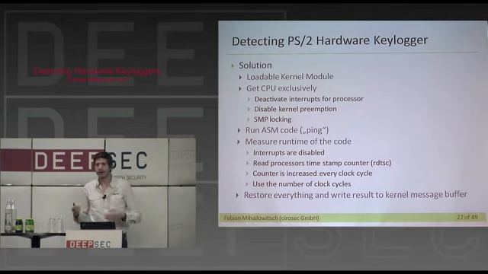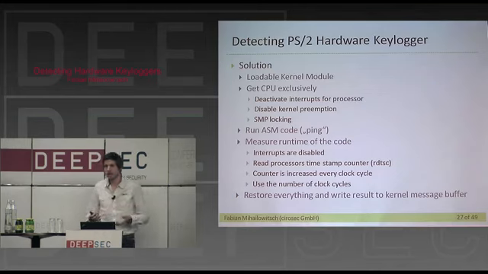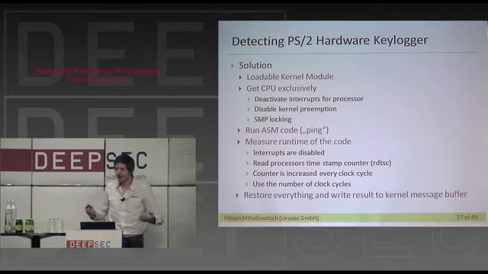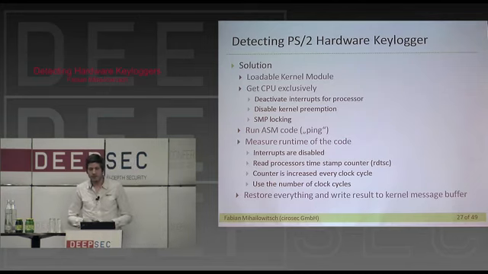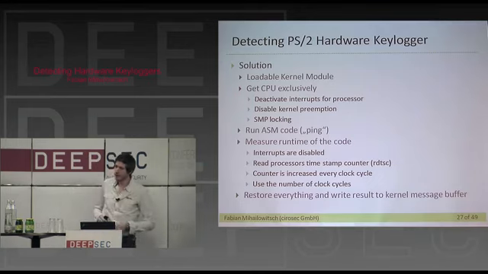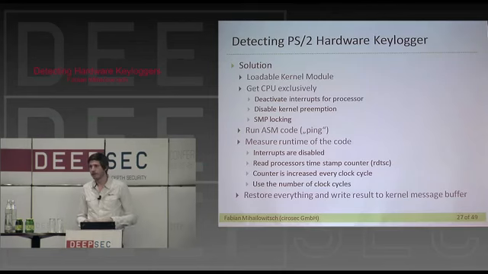If we want to, we can calculate the time from the number of clock cycles based on our CPU, but we don't need it. We can just work with the clock cycles. It can't get more accurate. Afterwards, after my measurement, I write the result to the kernel message buffer so I can retrieve it from user land, and restore everything, and we are fine.